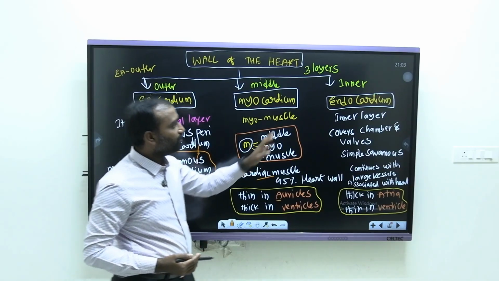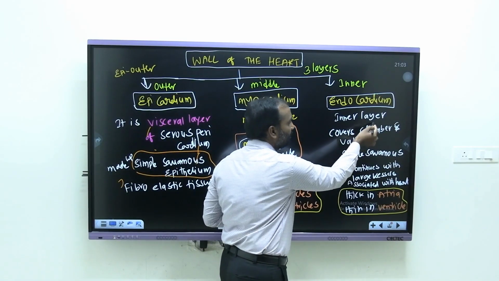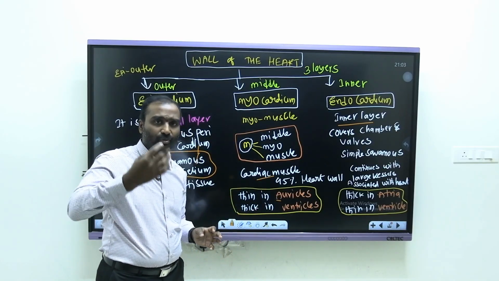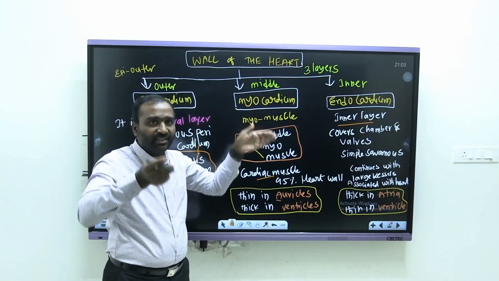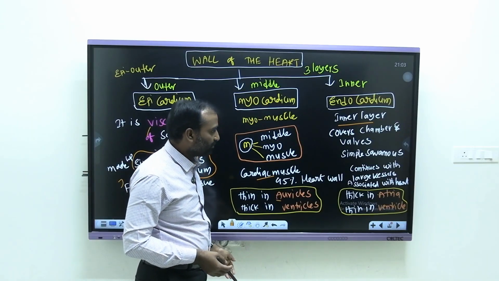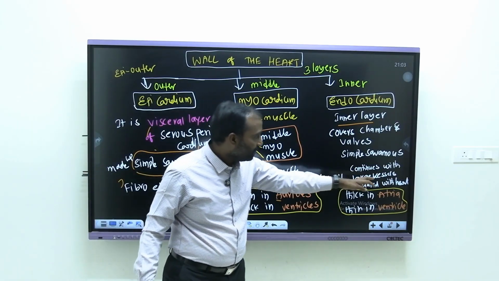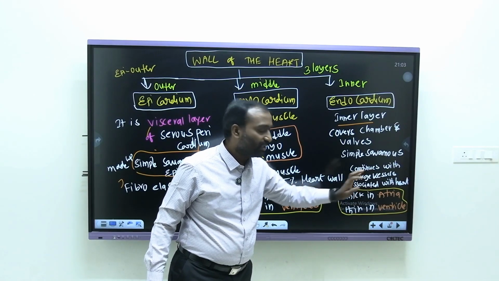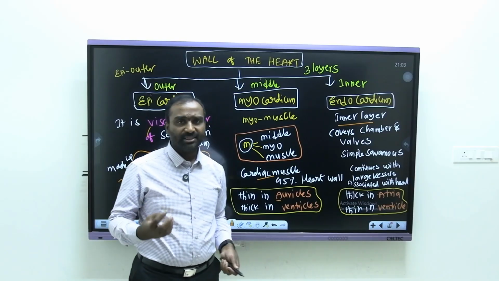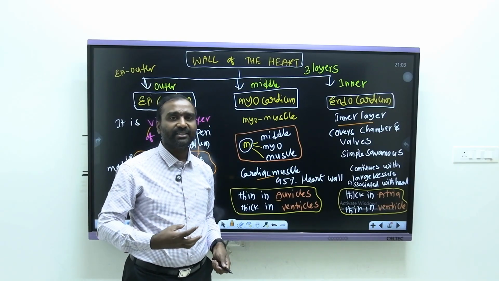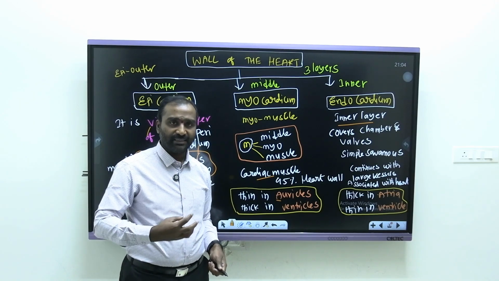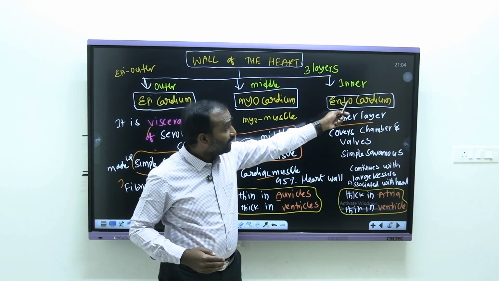Next, move on to the endocardium, which is the inner layer. It is the innermost layer, covering the entire chambers of the heart, and it is continuous with the large vessels associated with the heart. Large vessels such as the aorta, superior vena cava, and inferior vena cava are connected with the endocardium.